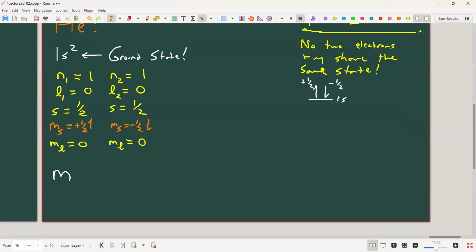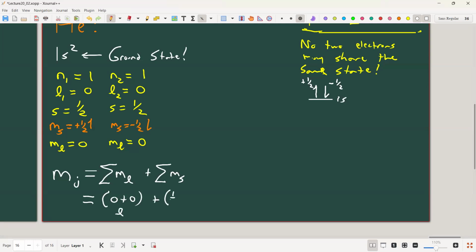We could say that m sub j, the total possible, is going to be the sum of m sub L plus the sum of m sub S. We have to consider that it can go from minus to positive. We have to do all the counting rules, but that's not so hard here. We have 0 plus 0 for the L's, because they're both s.